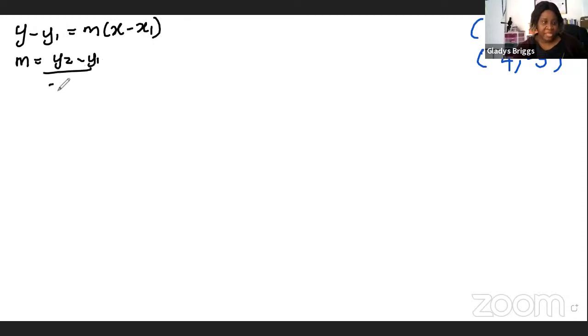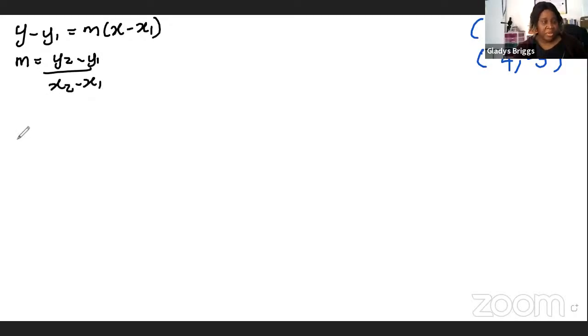I think those are the numbers. And it was y minus y1 is equal to m times x minus x1, and m is equal to y2 minus y1 over x2 minus x1.